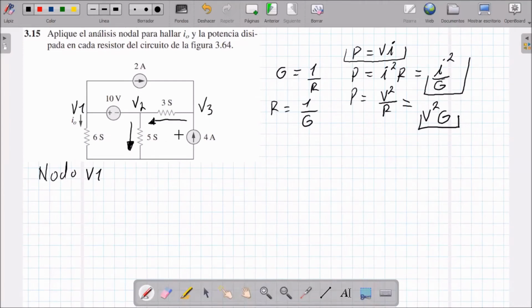Okay. Now I'm going to name the currents. I'm going to call this I1 and I'm going to call this one I2. At this supernode, or this point, I'm going to look at what currents come in and what currents go out. First I'm going to put the ones that come out. The first one that comes out is the 2 amp one.